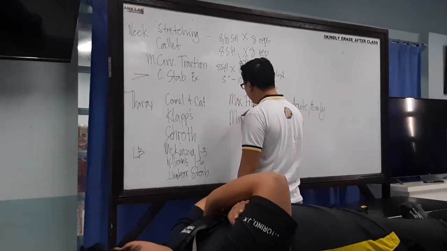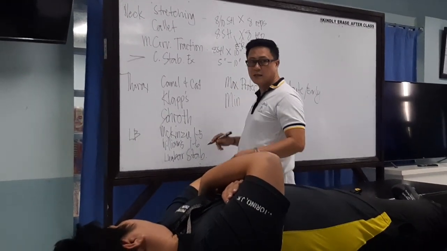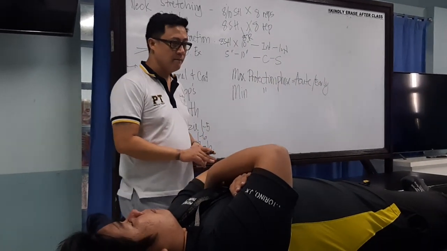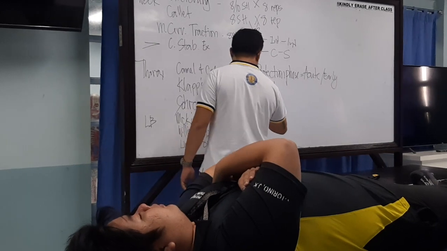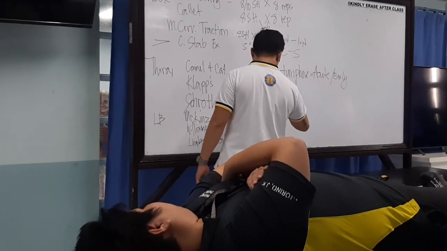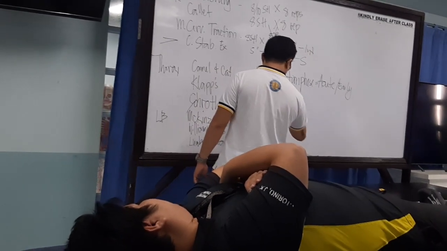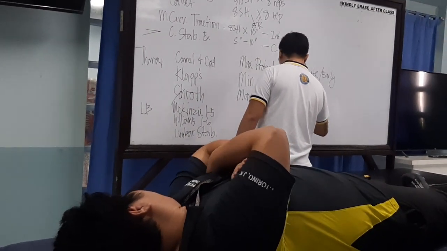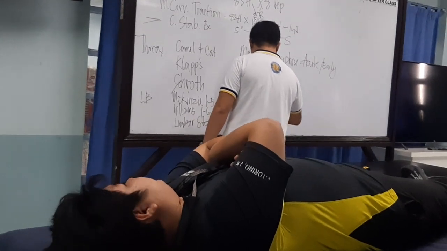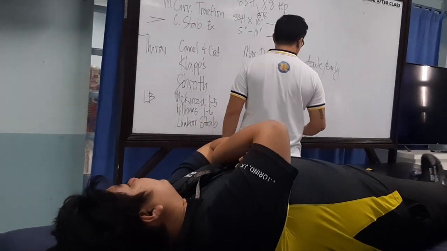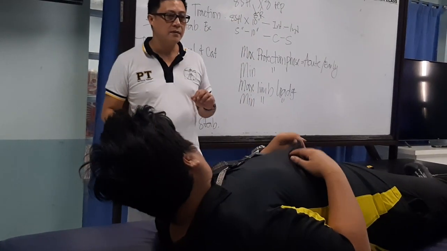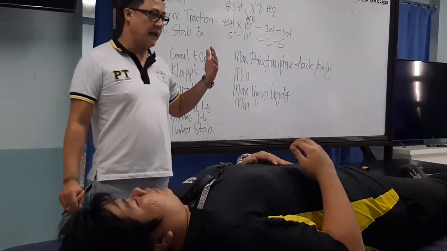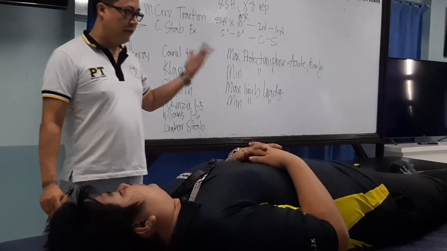Minimum protection phase means it is near to healing. Maximum limb loading means the patient does greater effort, while minimum limb loading means minimum effort.